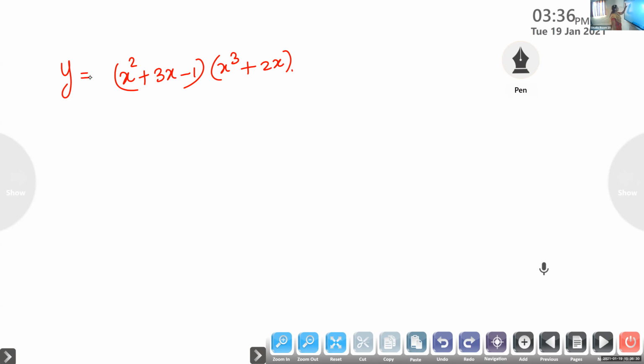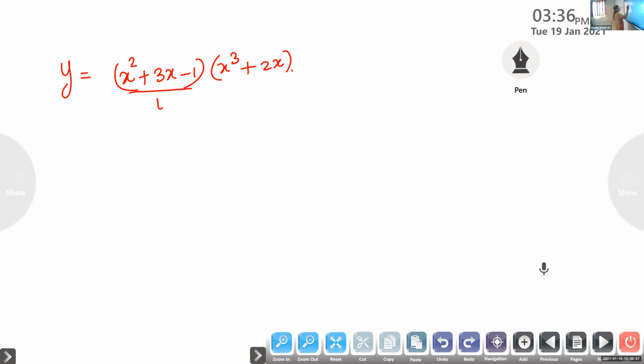First step, name this as y. You can expand it, make it a single polynomial using distributivity, and then differentiate. That is one way. The second method is using the product rule.